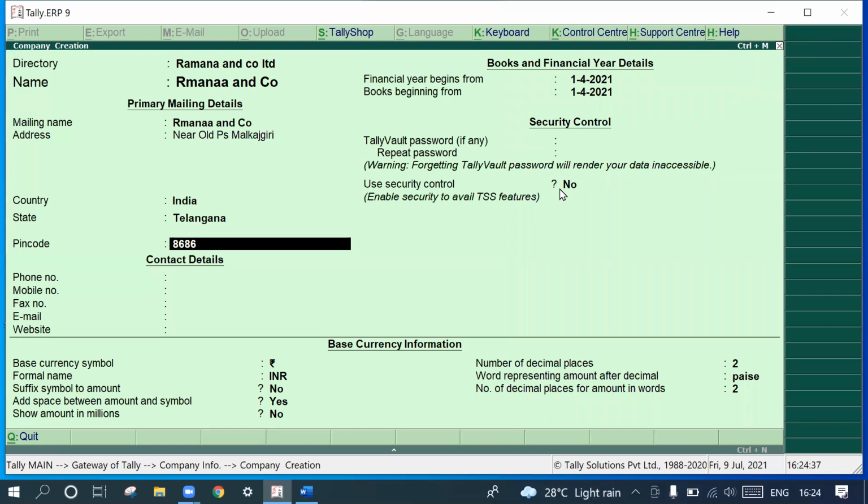Now pin code number, you write the pin code number, enter. Phone number, you write the phone number, enter, and fax number, and email, and the website www.ramana.com or ramana.org. Yes, enter, enter, and at last the company is saved on the name of Ramana and Company Limited.